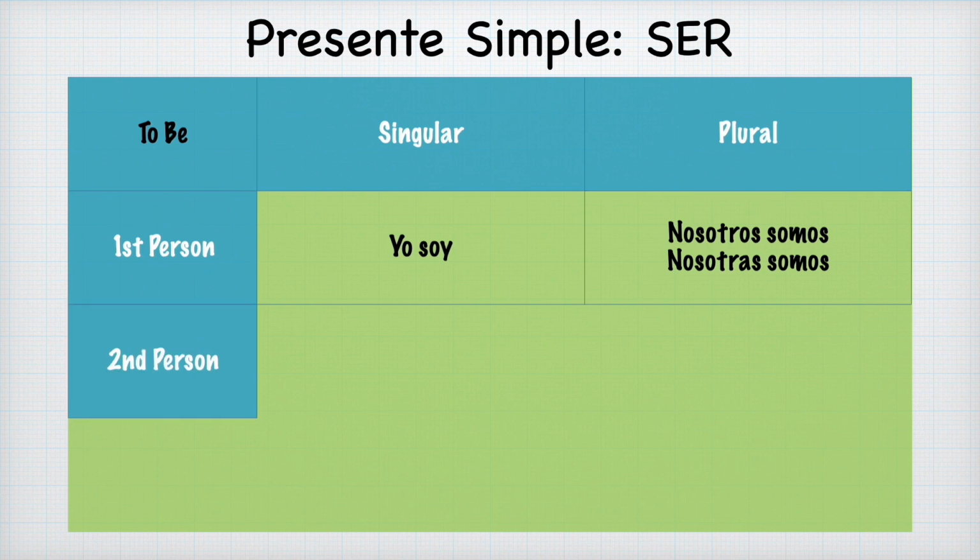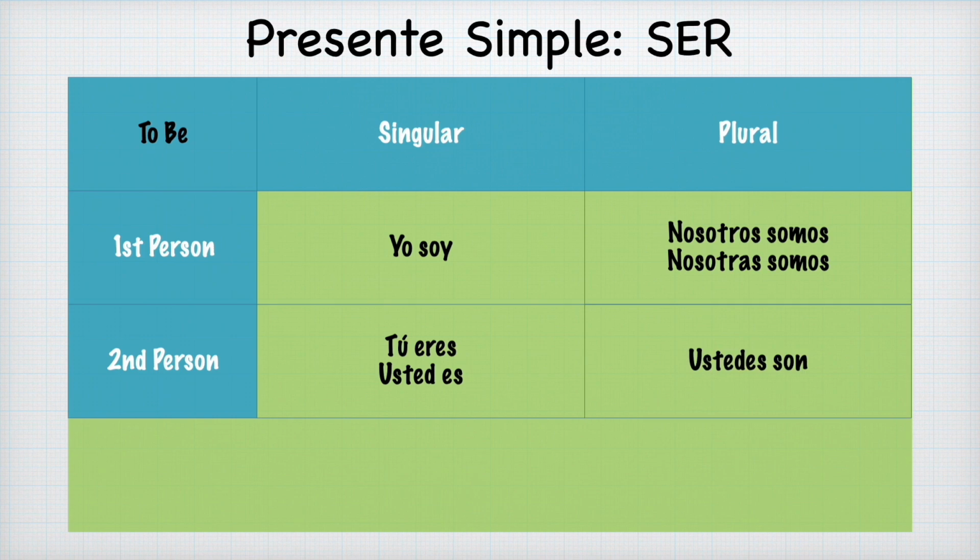We are. For second person singular, we have tú eres, which is the informal you are, or usted es, which is a more formal you are.